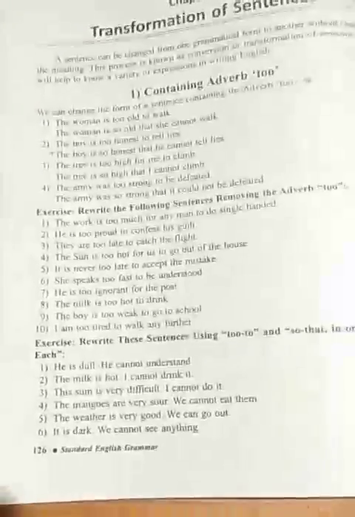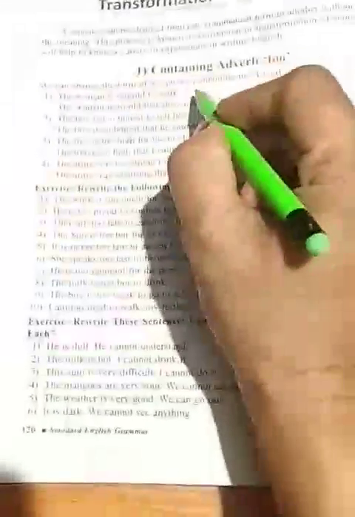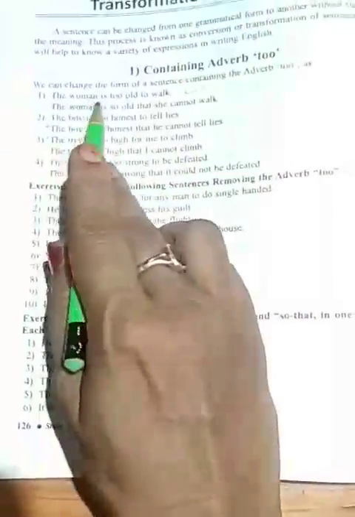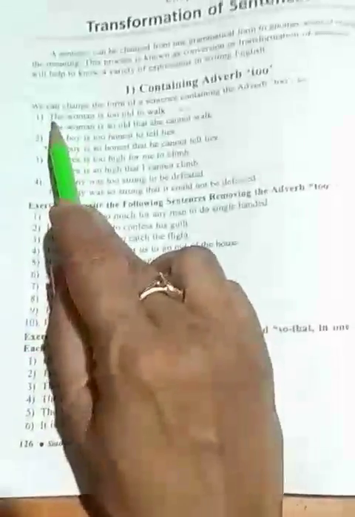Sometimes a sentence will be given. For example, the first one: The woman is too old to walk. Here "too" is an adverb.